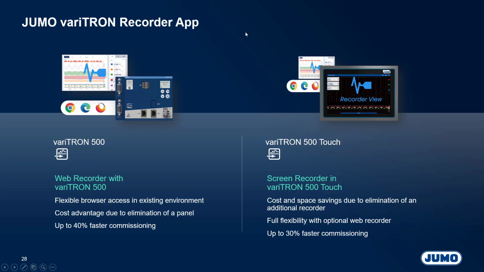So also here, everything what I told you for the variTRON 500 is available as an option. So maybe if you need it from a second place via a laptop or a PC, but I think the main use case is to use it here on the panel. And also there we have up to 30% faster commissioning in comparison to install a PLC and a screen recorder.